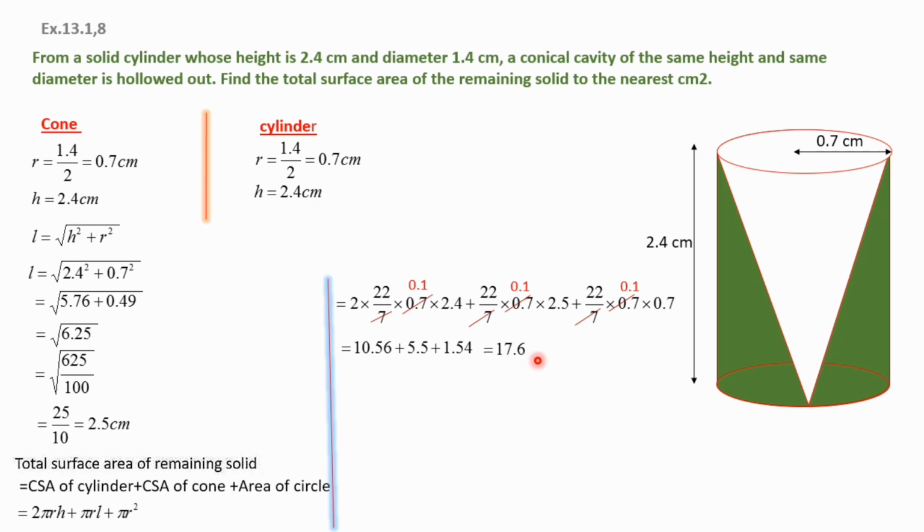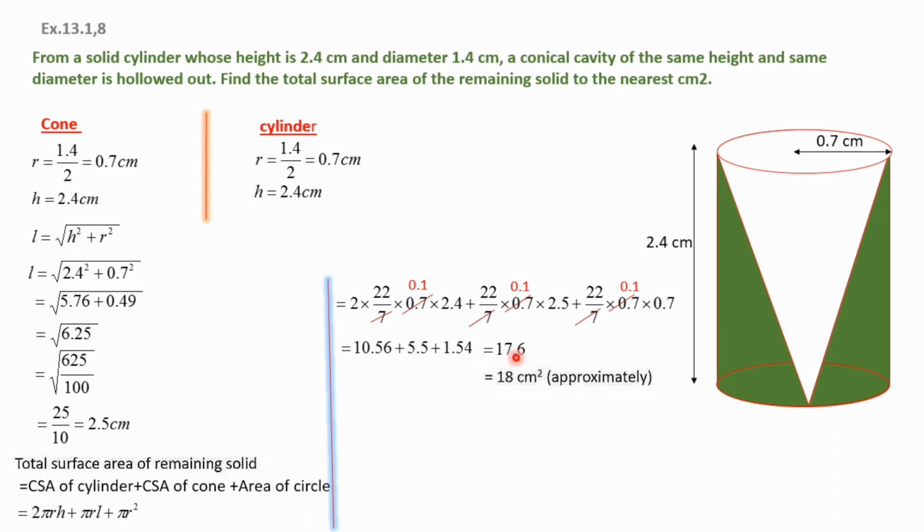So 17.6 is the exact answer, that is the accurate answer we call. Then this is equal to 18 centimeter square. We are rounding this off because we are asked to write to the nearest centimeter square. Now it is 17.6.